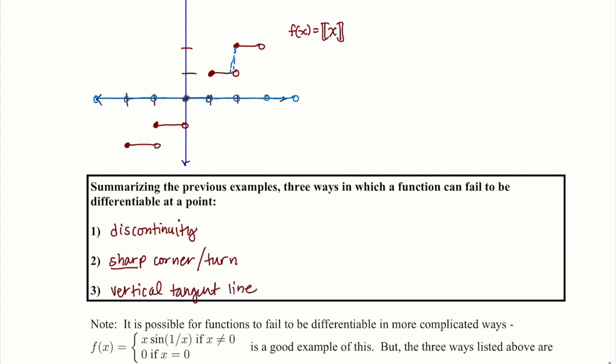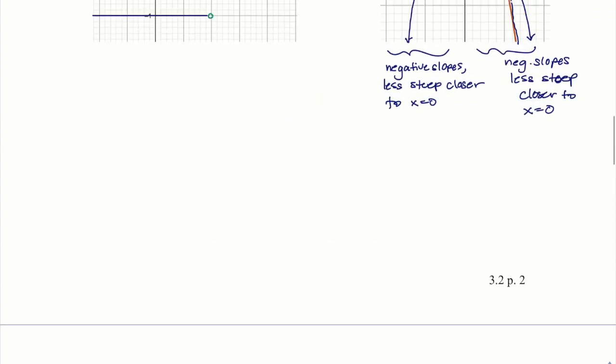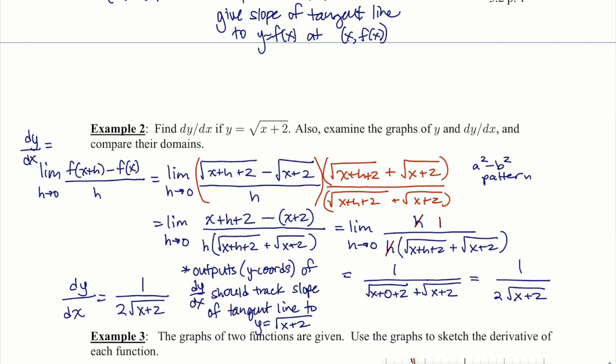And that one we could see actually from our graph of this square root of x plus 2. The original function had domain all the way out to -2, but the derivative itself, notice the domain does not include negative 2 because that would give us a 0 in the denominator.